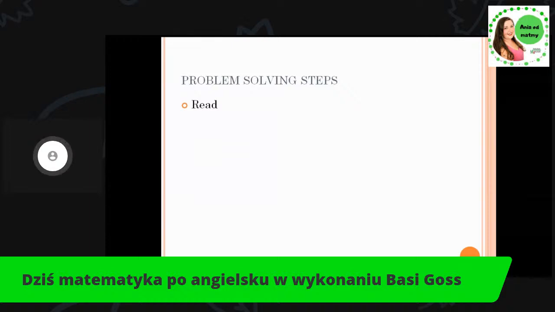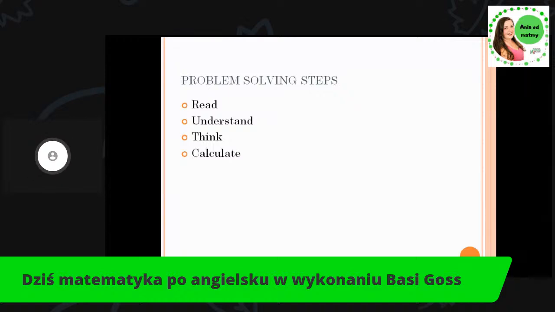The second step is we need to try to understand what the problem is about. Then we think about it, and we think about the ways of solving the problems. That means finding answers or solutions to the problem. Then we calculate.